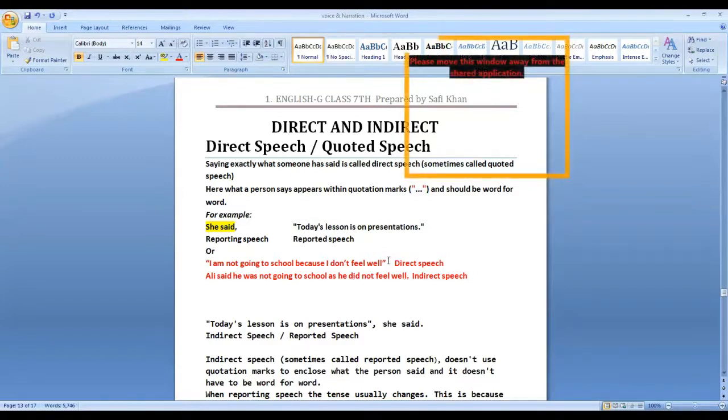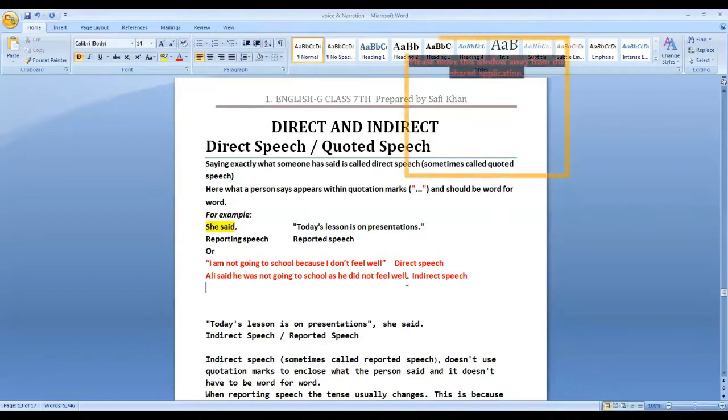And you can also use this way: Ali said, I'm not going to school because I don't feel well. But remember, we don't do this. We use the second option because it's natural. Even in our own languages, I believe every language has a direct and indirect speech technique.